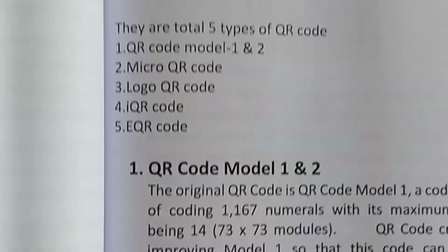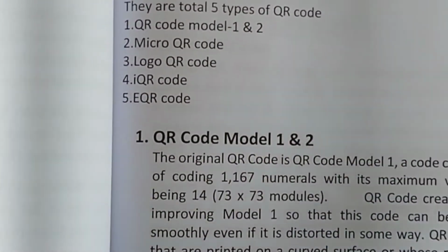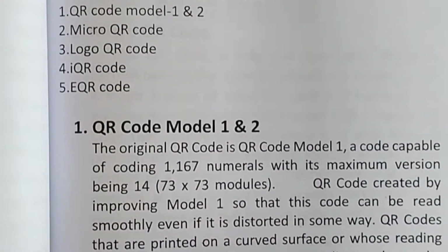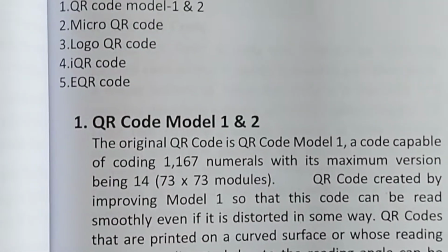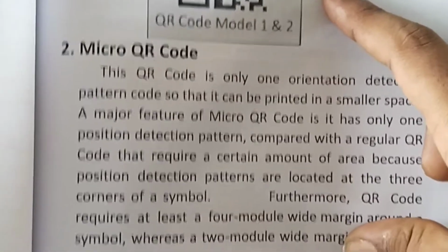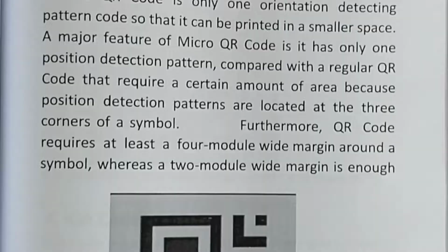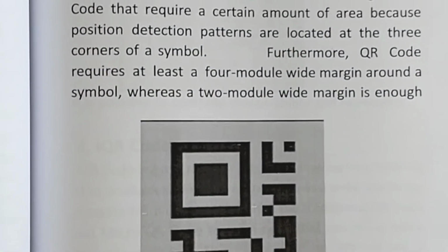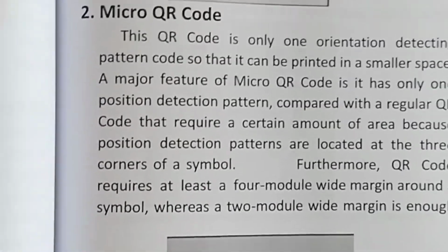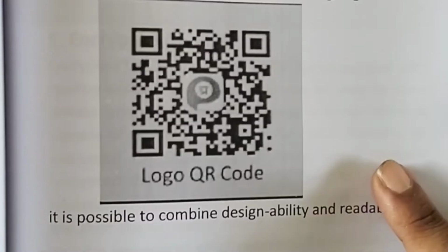Here you can see the different types of QR codes. There are QR code model 1 and 2, micro QR codes, logo QR codes, iQR codes, and eQR codes. This is QR code model 1 and 2, which is 177x177 modules. This is the micro QR code. And this is the logo QR code.